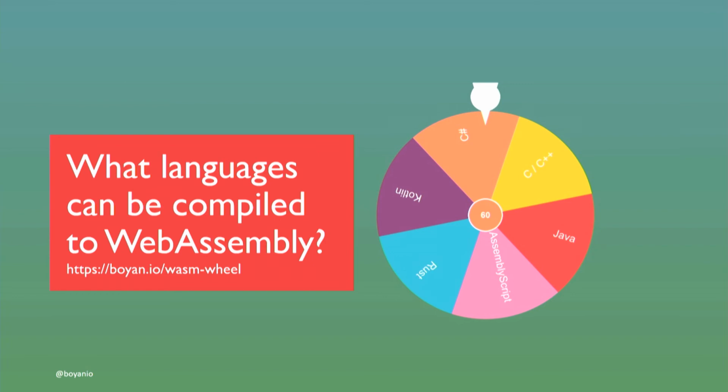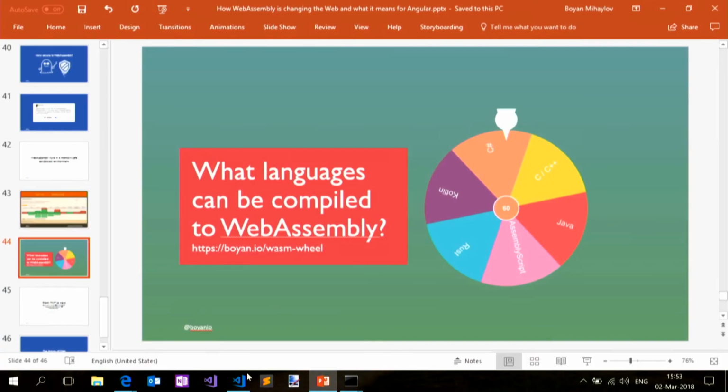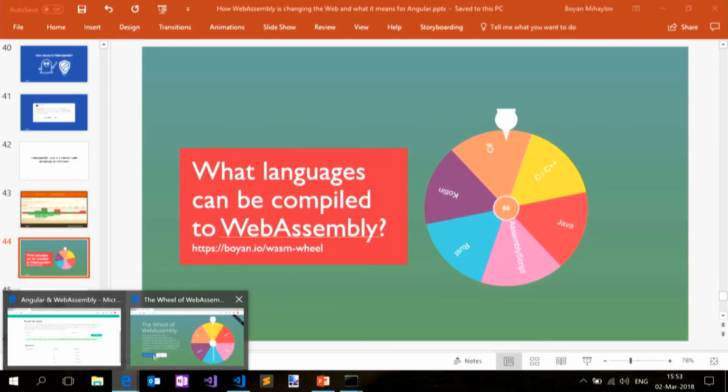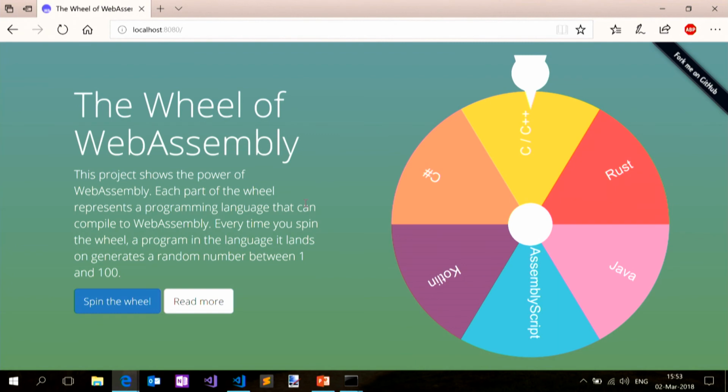And another interesting thing is what can we compile to that? I mentioned I've been talking primarily about C and C++, but ladies and gentlemen, I want to present to you the wheel of WebAssembly. And it's almost like the Wheel of Fortune. You get some random numbers between 1 and 100, and each of these parts is a compiled version from the language that is stored there.